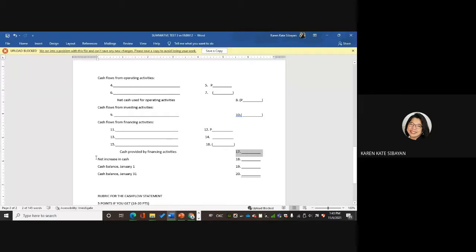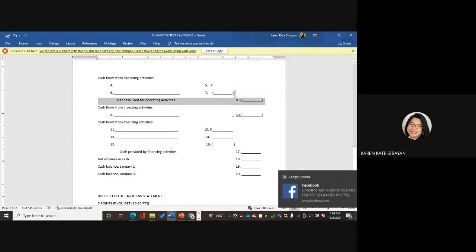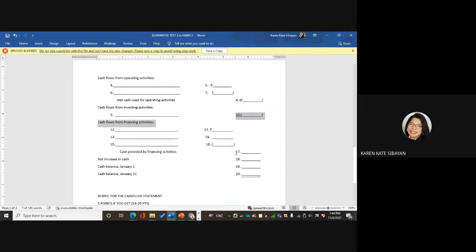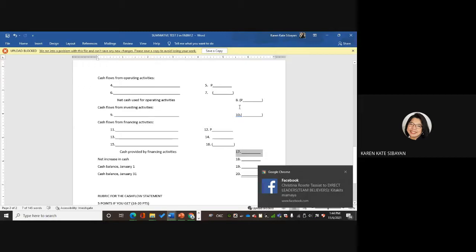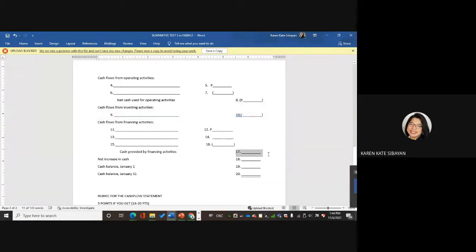Pag sinabing net in cash naman class, dito, ito naman ay kapag pinagsama-sama mo na si 8, 10, and 17. Net, parehong negative, ipag-a-add mo muna. Then, plus or minus.